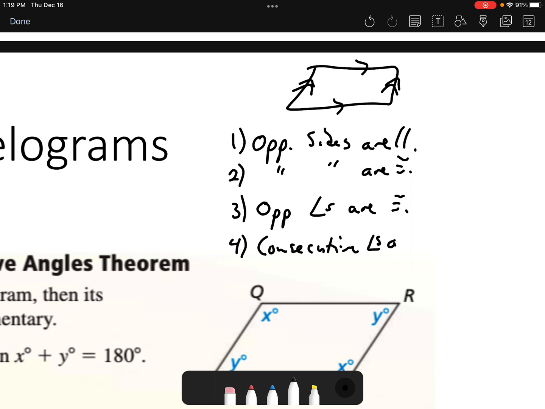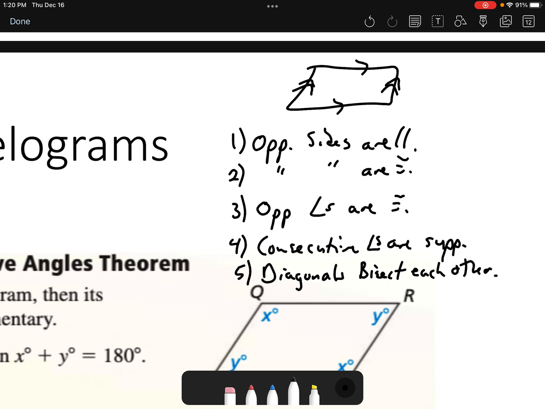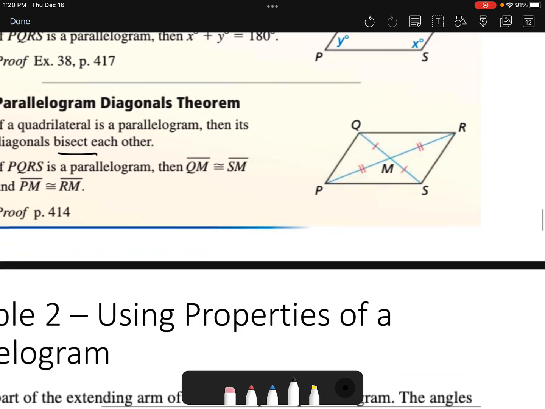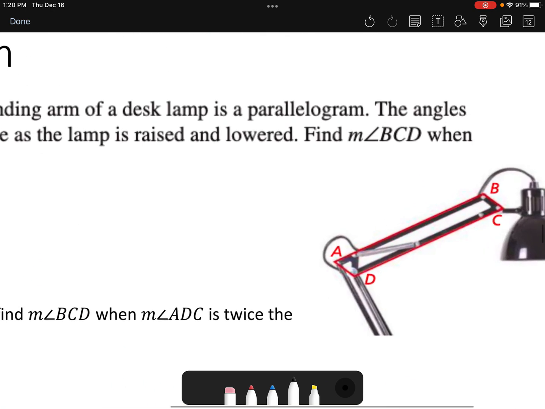Consecutive angles are supplementary. And the fifth thing, diagonals bisect each other. So that's pretty cool. And not hard to understand at all when you see a parallelogram. You can see these 5 things pretty clearly.